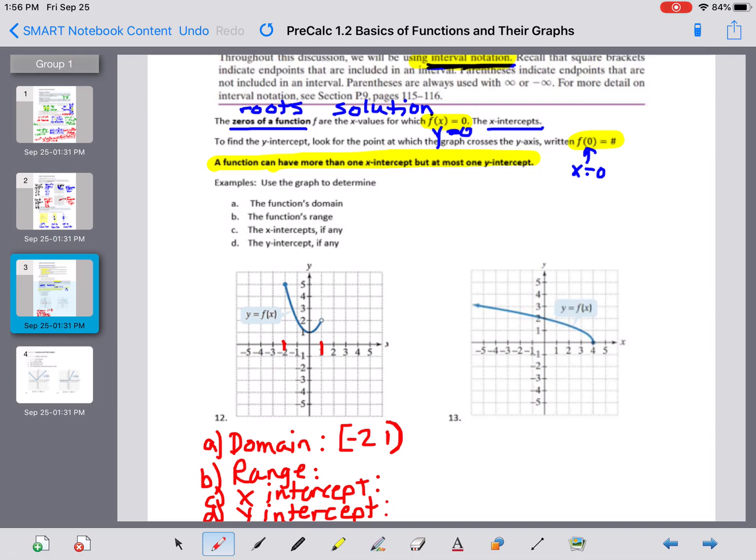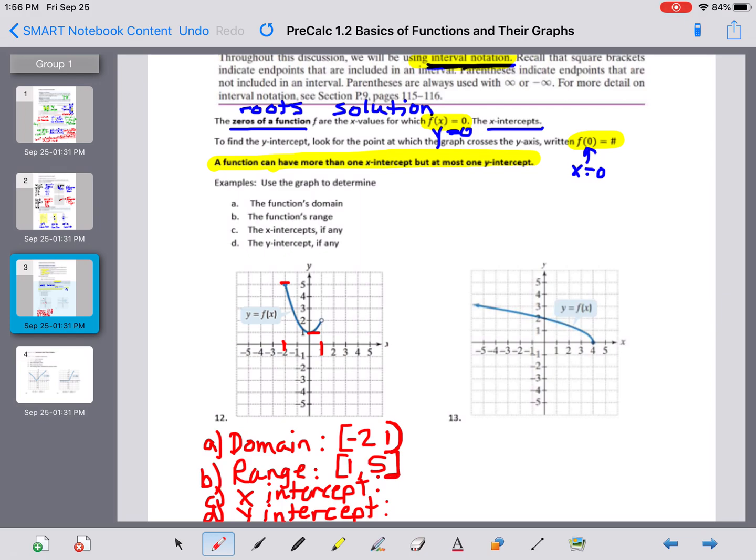For my range, I'm looking at the y values, and I use the y values to give it. So what's the lowest y value I used? 1. And it does include it. There is a line there that goes through it, so it includes it. What's the highest y value I used? Well, it's up here at 5, and again, it was a closed circle, so it includes both the 1 and the 5.